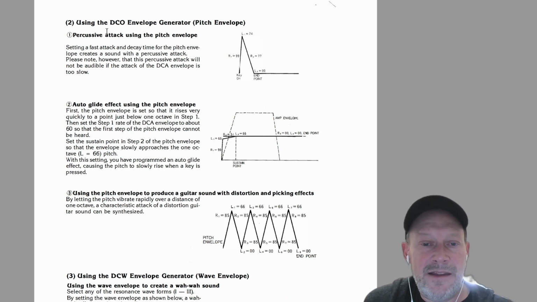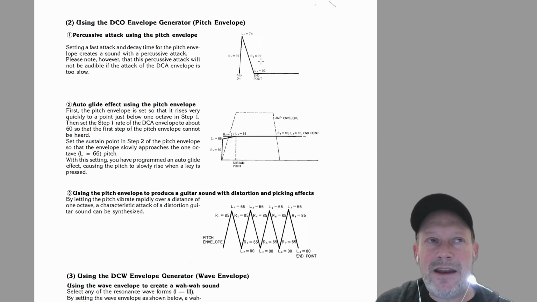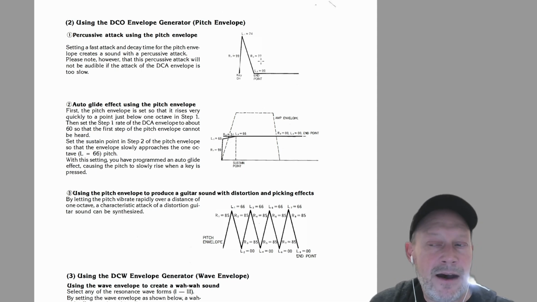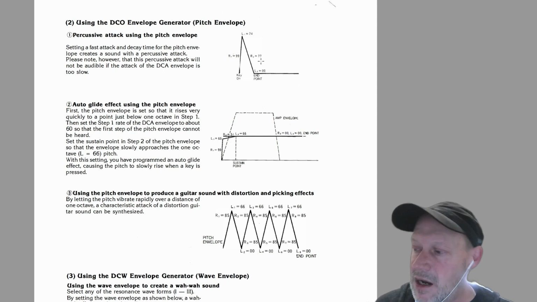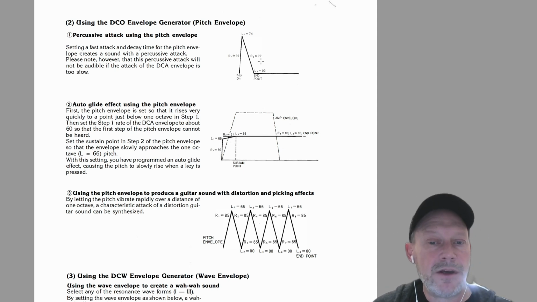So it explains, for the pitch envelope, some experiments that you could do, like making a percussive attack. And we might not today think a lot about pitch modulation. In chord multipoly, there's a dedicated pitch envelope.